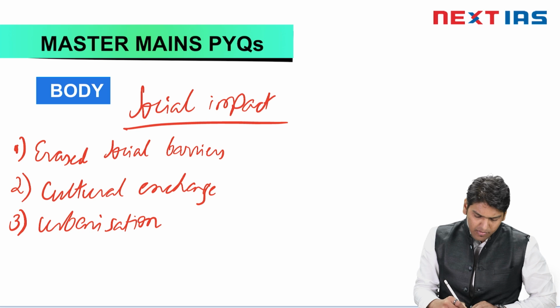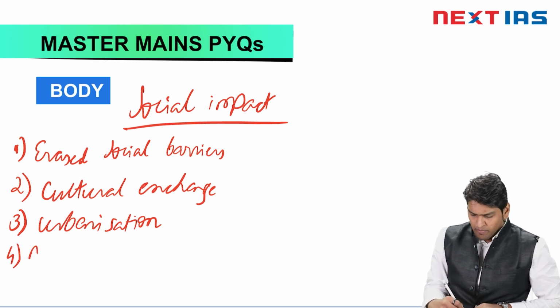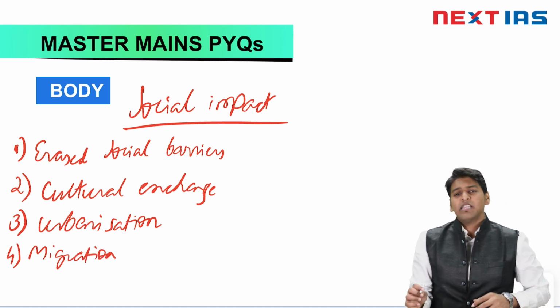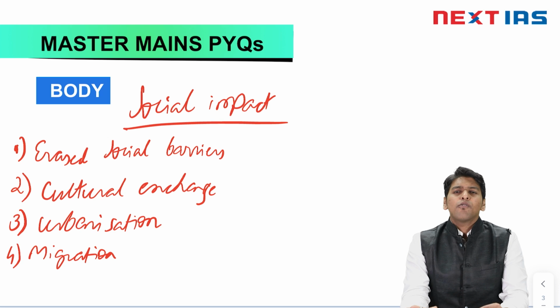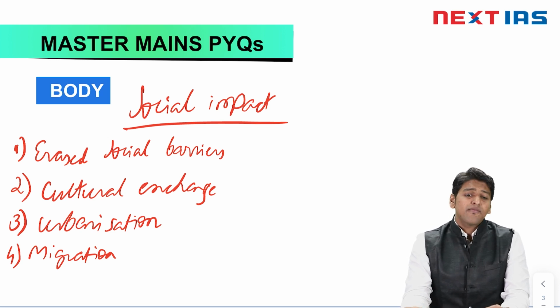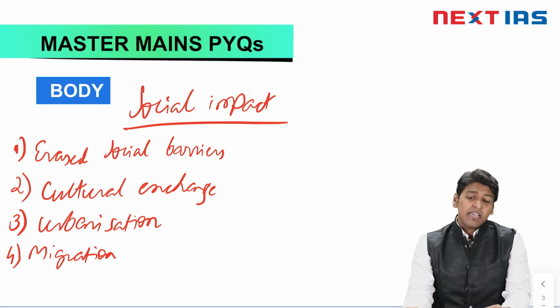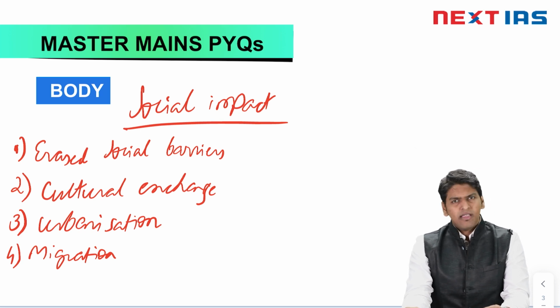Next, we see it enabled migration, because railway became a very convenient form of transport when going across long distances. If someone has to travel from, say, north to south of India, they will not consider taking a bus or going by road. They will prefer railways.